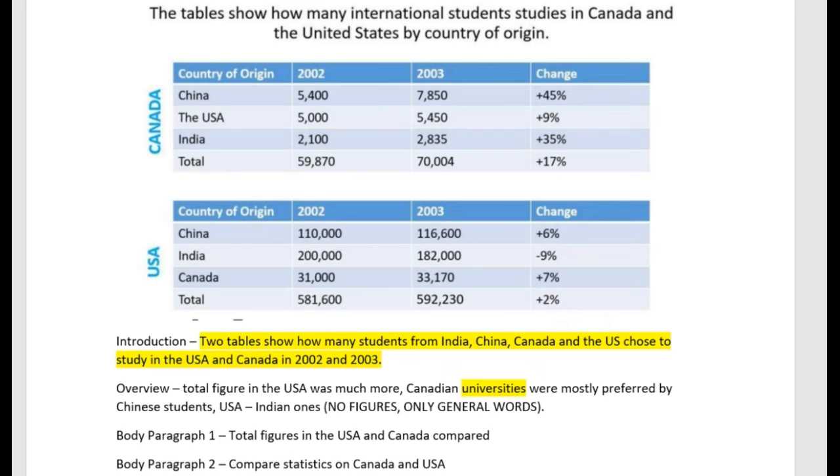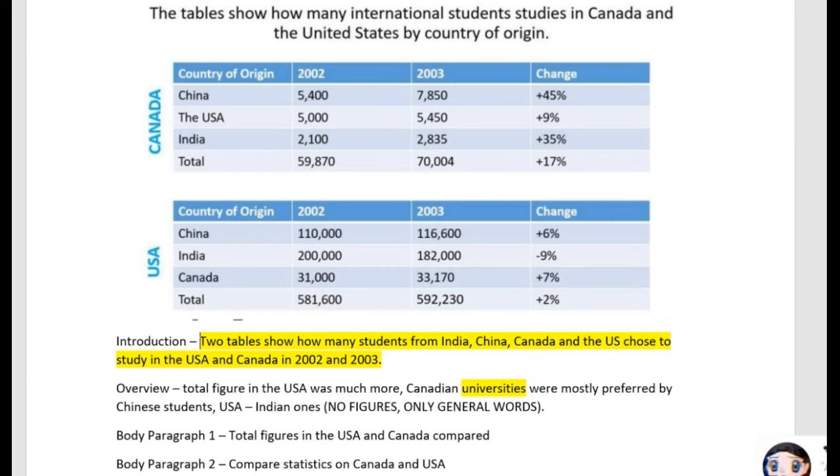Then you write body paragraphs. How to divide this essay into body paragraphs, because we normally need to write two paragraphs? I would recommend that you write total figures in the first paragraph and the remaining figures and their comparison in the second paragraph. You would say, can't we write Canadian ones in the first paragraph, US ones in the second paragraph?